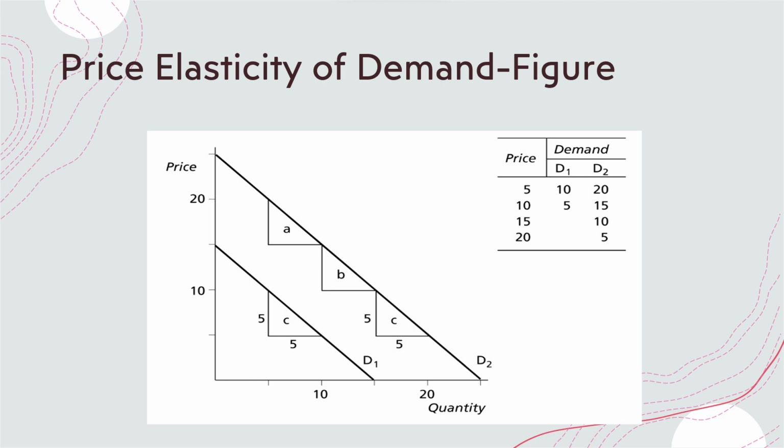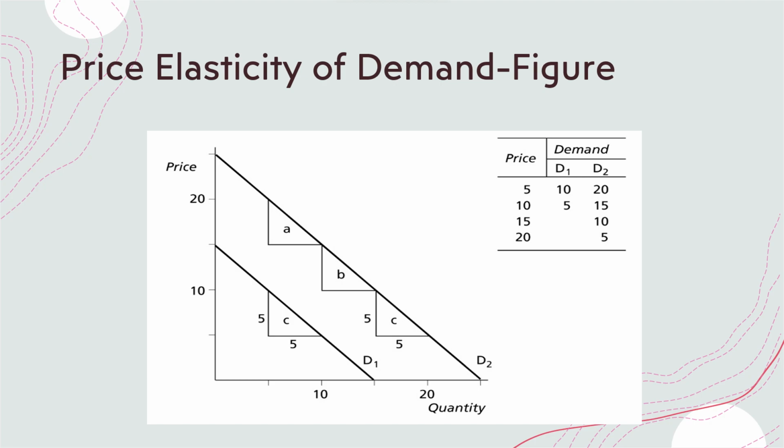Generally, if the demand curve is fairly steep, a large change in price will cause only a relatively small change in demand, indicating an inelastic demand curve. It is often wrongly assumed that two demand curves with the same shape will have the same elasticity coefficient.